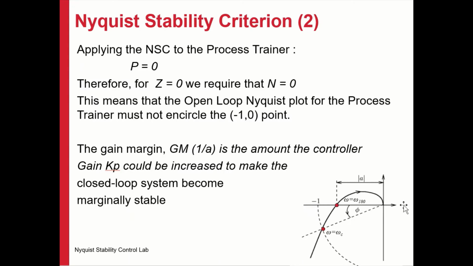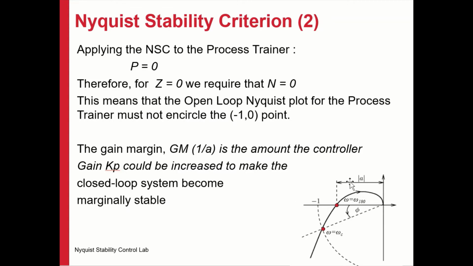If it's to the right of the -1 point, it will be stable, and handily enough, if we measure this distance here and call it A, that's from the origin to where the Nyquist plot crosses the negative real axis, then we can work out the gain margin, which is just 1 over A.